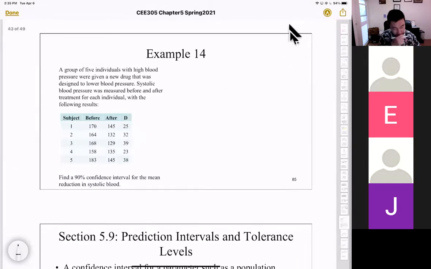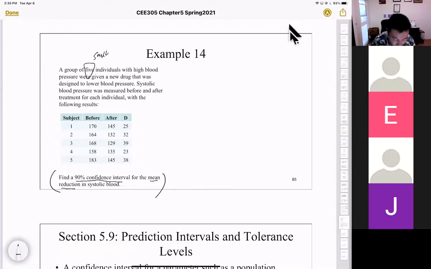Like in this example, look at the last sentence: a 90% confidence interval for the mean reduction in systolic blood pressure. Let's read the question. A group of 5 individuals, so that's a small sample, with high blood pressure were given a new drug designed to lower blood pressure.